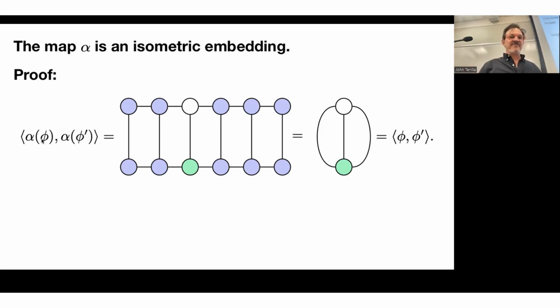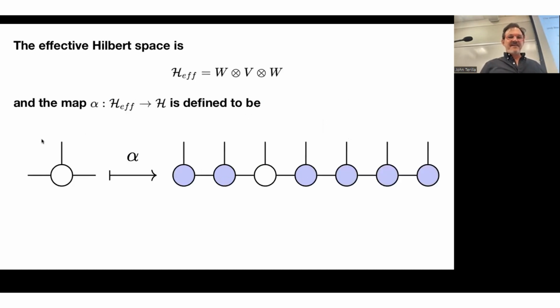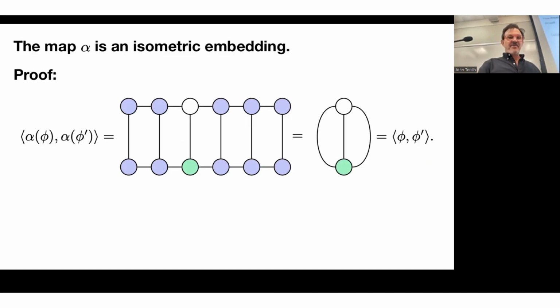But what is alpha of phi? Remember, alpha says you just put the small tensor, this order 3 tensor, into the big MPS in the missing site. So when I apply alpha psi, I get this whole tensor on the right-hand side. And when I take alpha psi prime, I get this long MPS on the bottom.